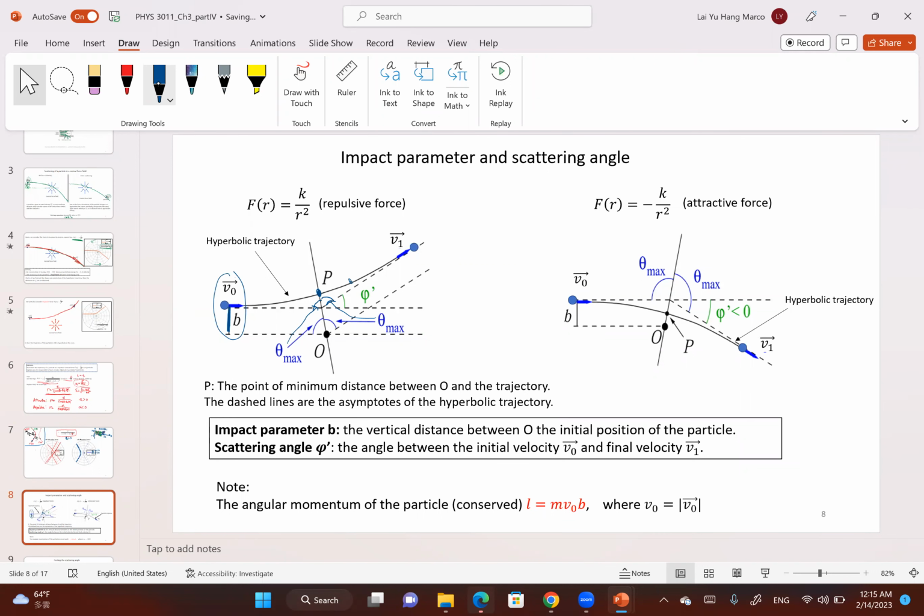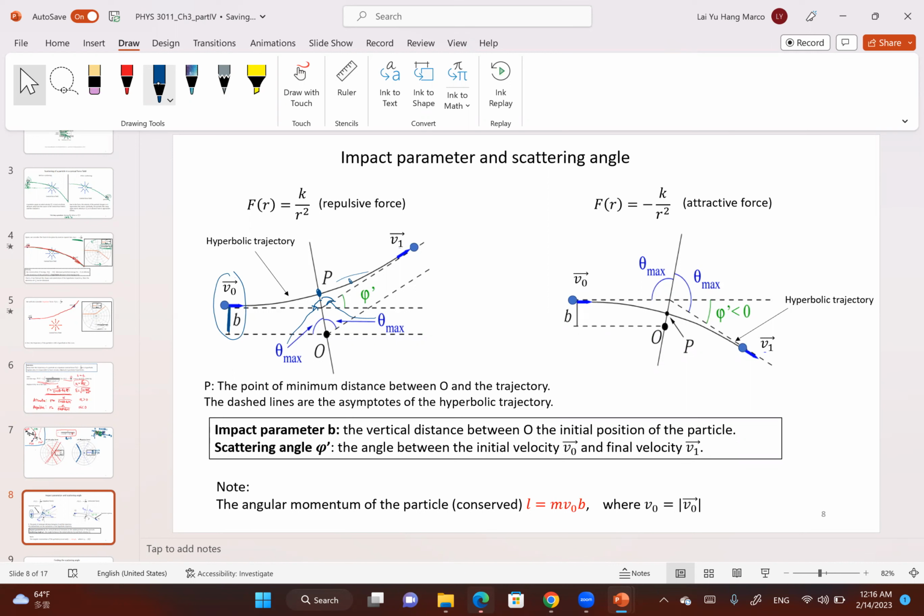I'm not going to repeat everything for the case of the attractive force, but I think the figure is quite self-explanatory. As I said, the difference is that for the case of attractive force, the hyperbola would be bent to the other side. Repulsion bends it up, attraction bends it down.